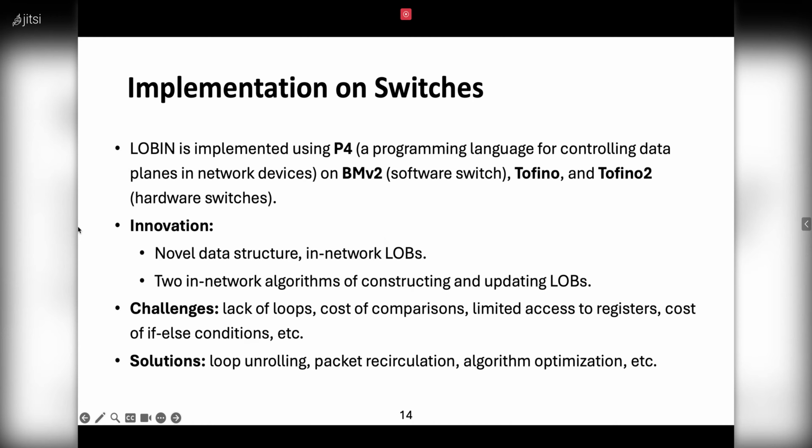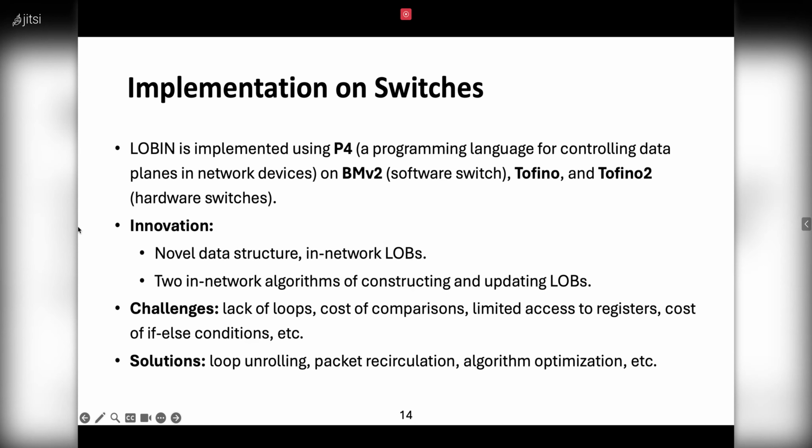The solutions are, for example, we use loop unrolling for the lack of loops. We use packet recirculation. For example, in one data pipeline, we cannot read some values from the register, do a lot of complex updates and computation based on it, and then write it back.